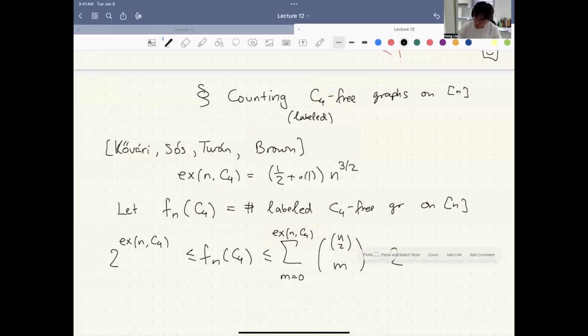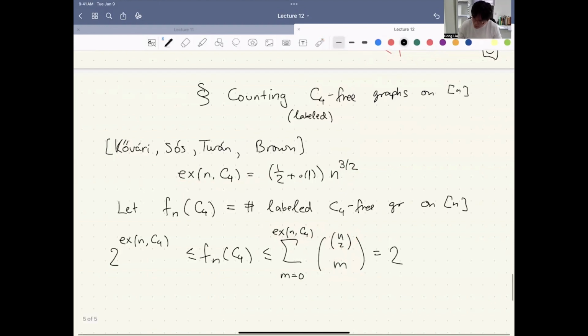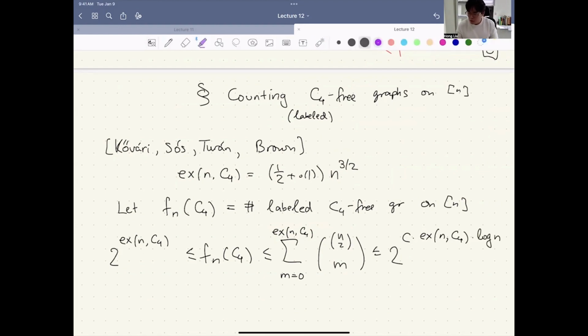So this is roughly the last term, n squared choose n to the 3/2. If you write it in exponential form, this is 2 to the some constant times ex(n, C4) times log n. So you see the upper and lower bound, there is a log n term here different in the power.